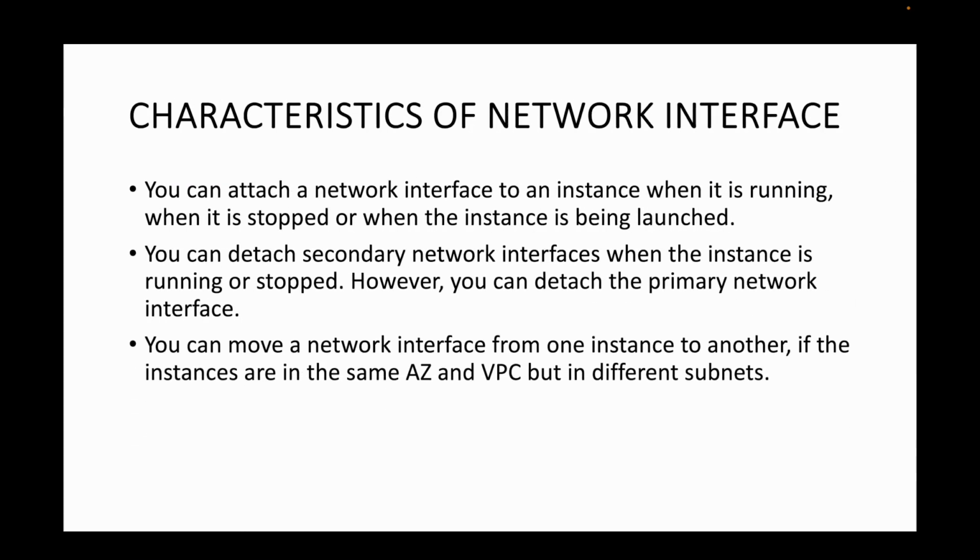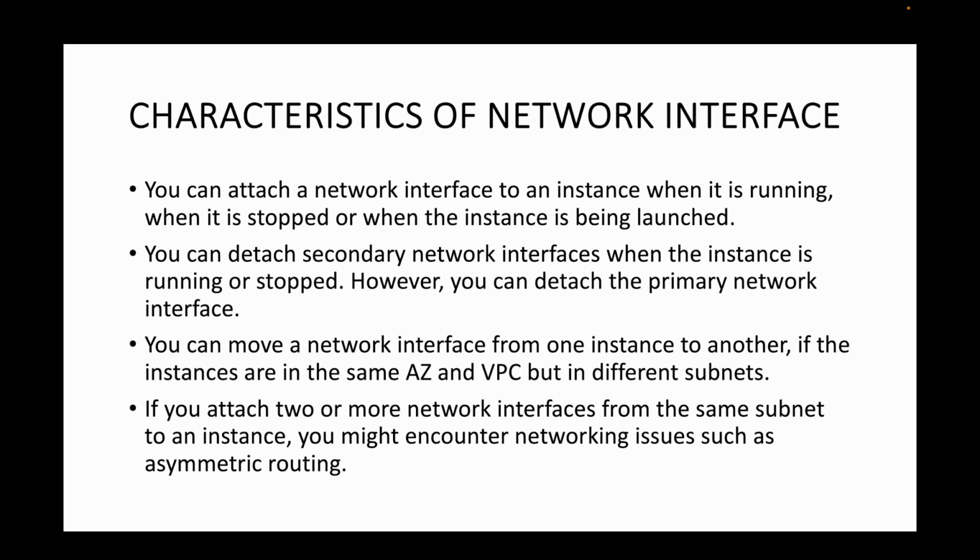You can move a network interface from one instance to another if the instances are in the same availability zone and VPC but in different subnets. So like I said, you can detach a secondary network interface and attach it to another instance, and the condition is that they should be in the same availability zone within the same VPC but in different subnets.